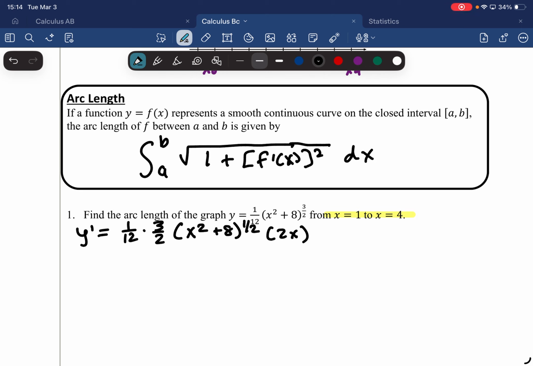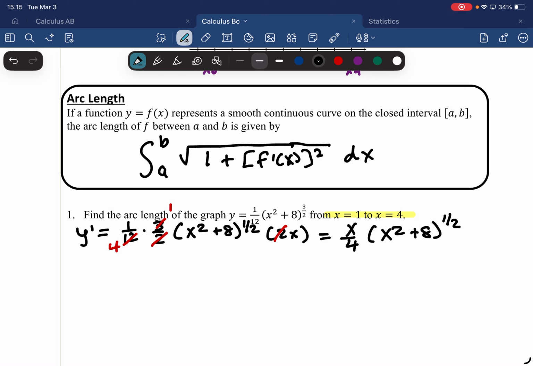Again, that is us using the power and the chain rule. We can simplify this because this 2 will cancel with that 2, and this 3 and this 12 can reduce to 1 and 4, which means I have x over 4 times x squared plus 8 to the 1/2. So that's my first step, to find the derivative.